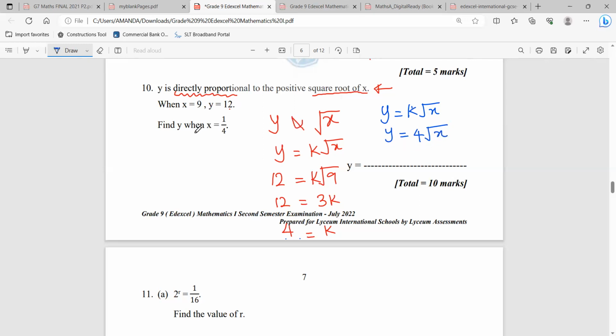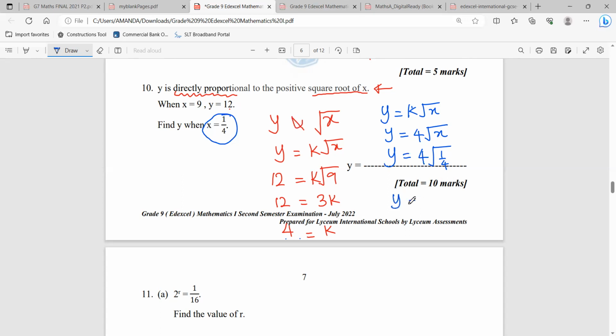Now they're asking when x is 1/4, to find what is y. X is going to be 1/4. We don't know y in this occasion. Square root of, so x is 1/4. So I'm going to put that. Can we find square root of 1/4? Square root of 1/4 is half.